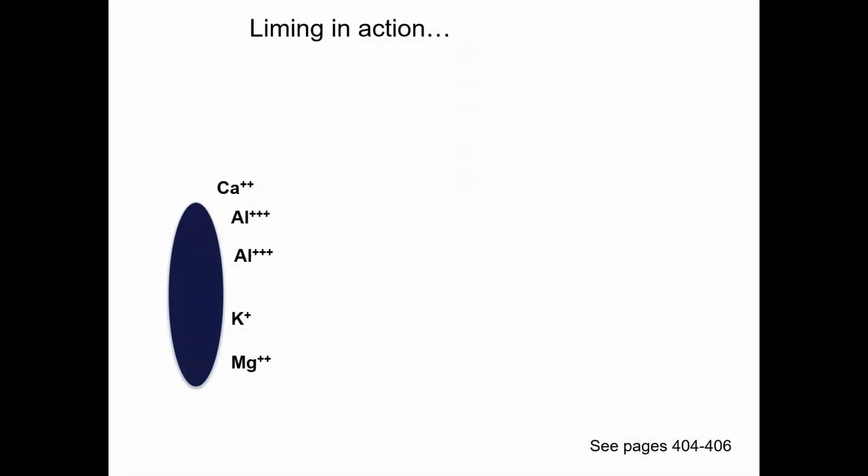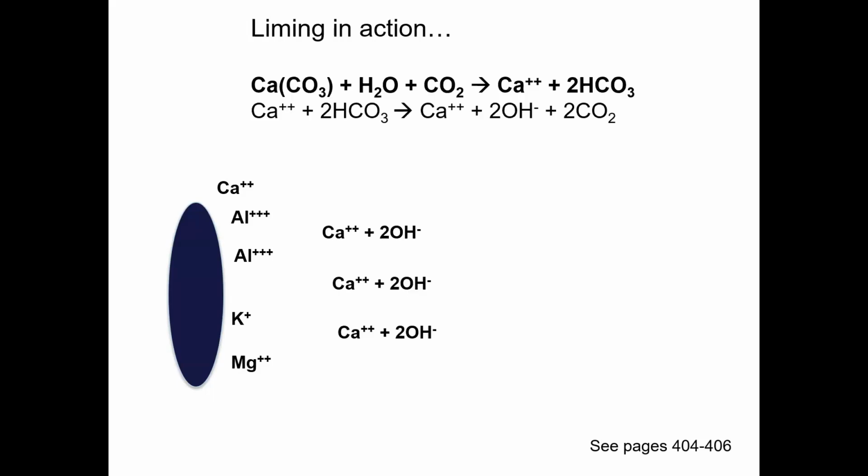So just to illustrate this, very similar to what those students did in the atrium with the pieces of paper representing the ions associated with the charged surface of a soil particle, if we were to add our calcium carbonate, and again, the dissolution of the bicarbonate produces these hydroxyl groups. And you can see what these hydroxyl groups are going to want to do with the aluminum, right? If we continue to weather and continue to push this reaction from the left to the right.